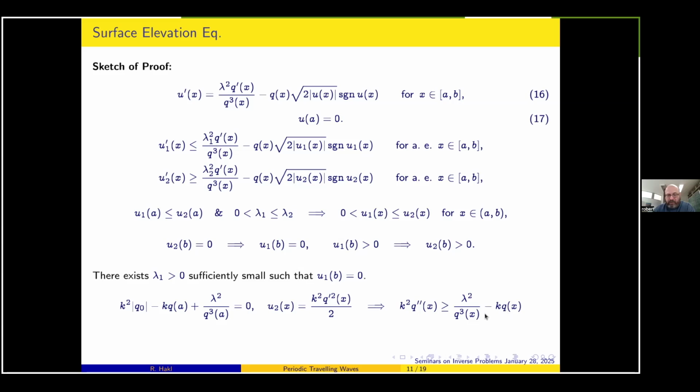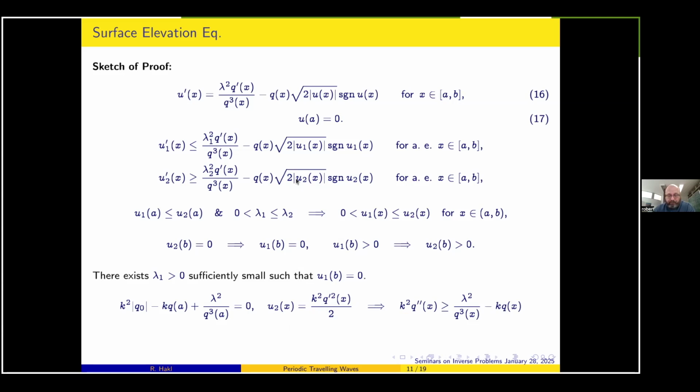And this inequality we also get if we define u sub 2 this way. This inequality means that u sub 2 defined this way satisfies this differential inequality.